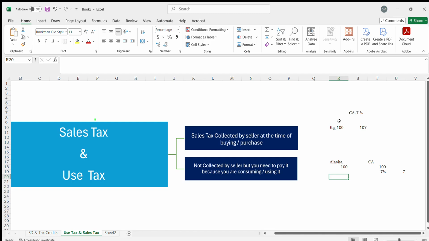But use tax, which we normally call a self-assessment tax, is a tax that the seller does not collect at the point of sale, either because the seller doesn't have the legal obligation since he is operating in a state where there is no sales tax, like the Alaska example I gave, but you are living in a state where there is a sales tax, let's say New York. New York has a tax of 8%. Because you are consuming the item in that state, you need to go to the government and pay that tax directly to the government.